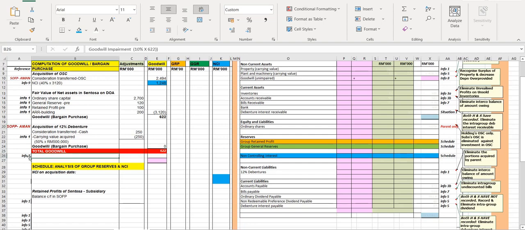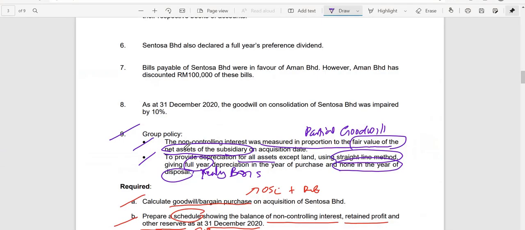So if you look at information number 8, you would see that there is some information about impairment. You are informed 10% of the goodwill were impaired as at 31st of December, which is the current financial year. So look at the date, it was at the end of the year.